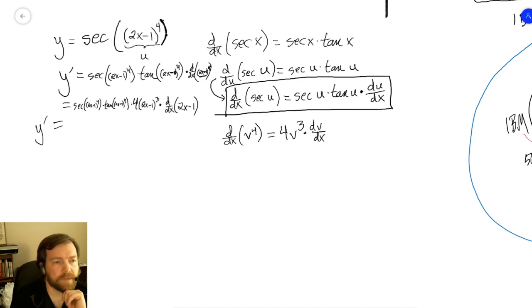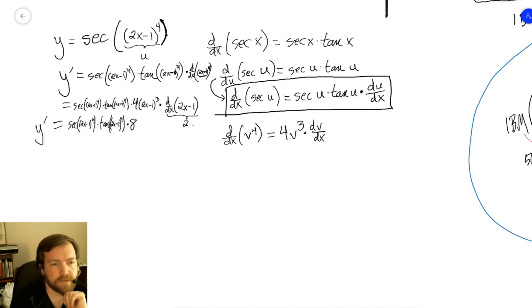So y prime is going to be equal to the secant of 2x minus 1 to the 4th times tangent 2x minus 1 to the 4th times this 4 and the 2 that we're going to get from this. It's just 2.